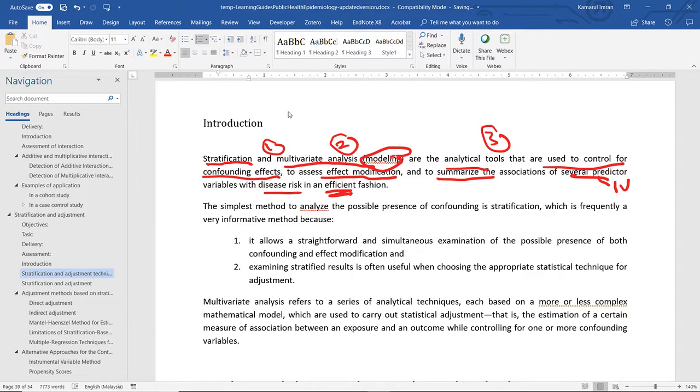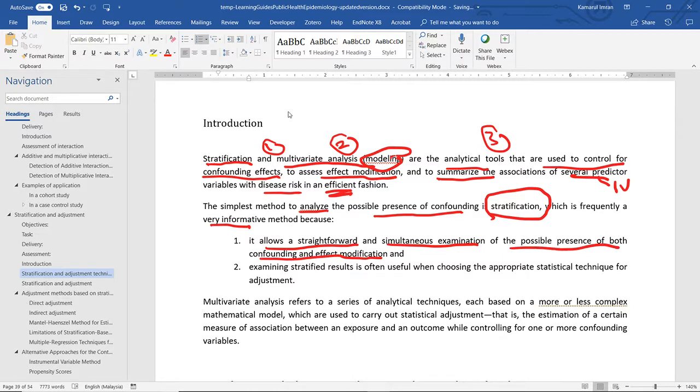The simplest method to analyze the possible presence of confounding is stratification. It is very informative because it allows a straightforward and simultaneous examination of the possible presence of both confounding and effect modification.